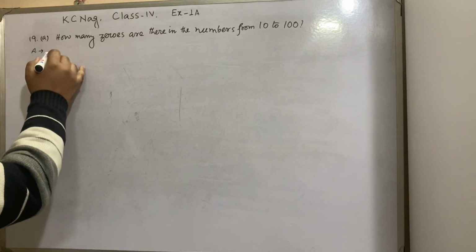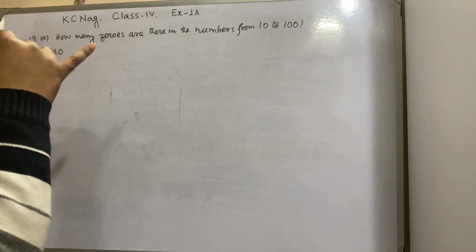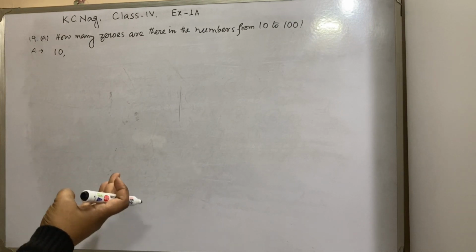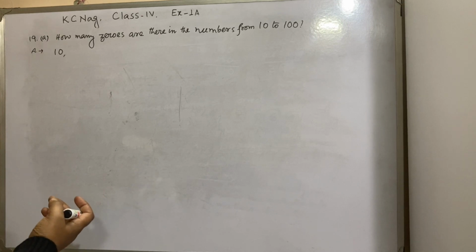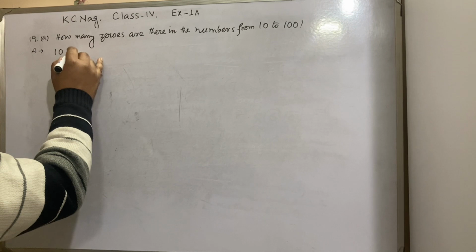Let us write the numbers. There is a formula which we will use in higher classes, not here. So 10, and after that you start counting whether there are zeros or not. 10, 11, 12, 13, 14, 15, 16, 17, 18, 19, 20. In 20 you will get one 0.